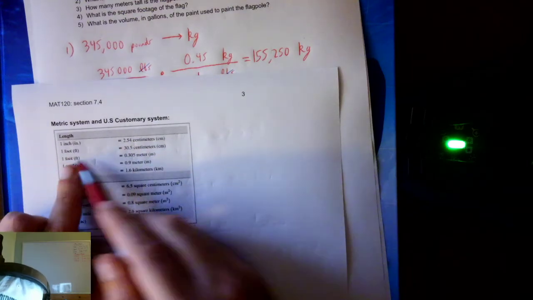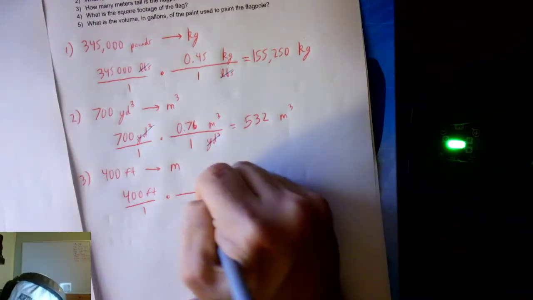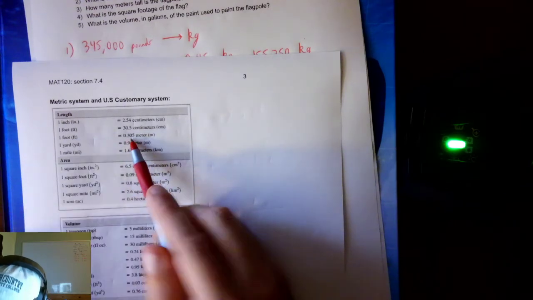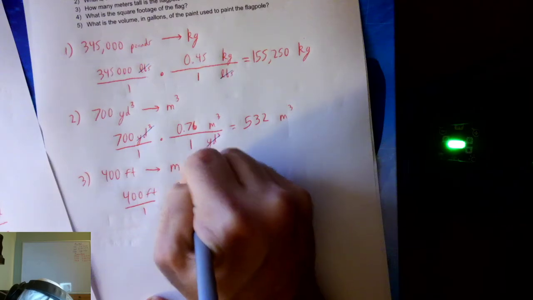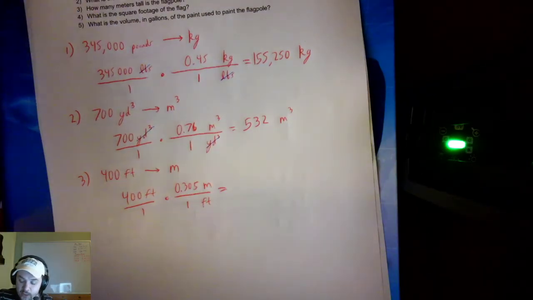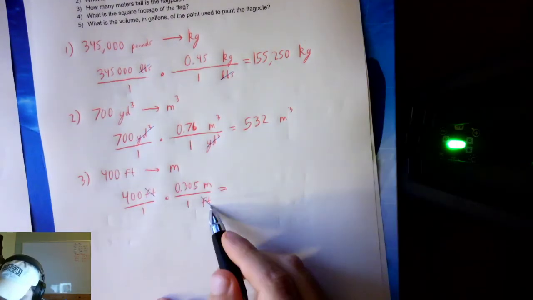Oh, I can relate feet directly to meters, can I? That's good, because I want to cancel feet and leave myself with meters. So let's see, what's it say? 1 foot is 0.305 meters. We've seen this a few times now, but we're going to cancel feet, right? Because that's why we put feet in the bottom.